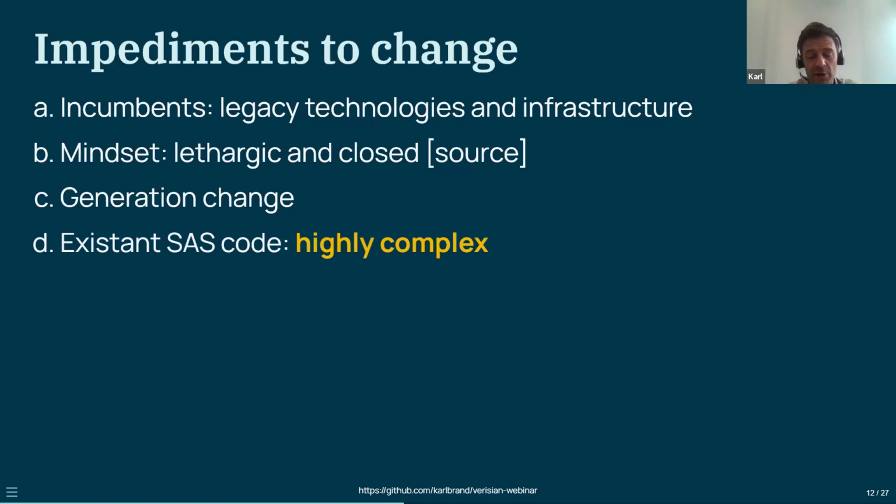The code bases that we have in place. So I'm referring to all of the SAS code that Surya and her team have written for decades now. These are astonishingly complex. So we have many macros and nested macros which obfuscate or hide much of the code that is actually executed for a specific task.